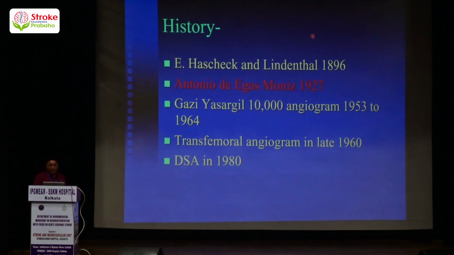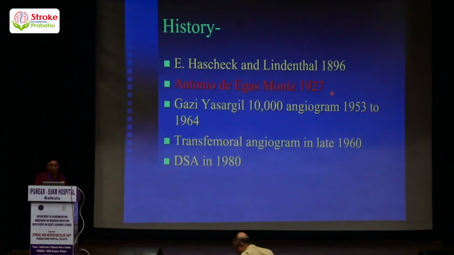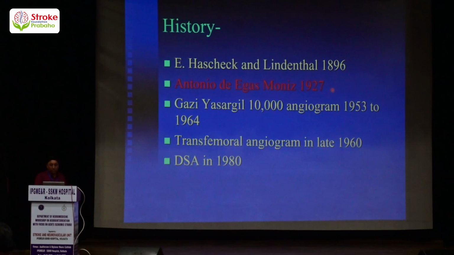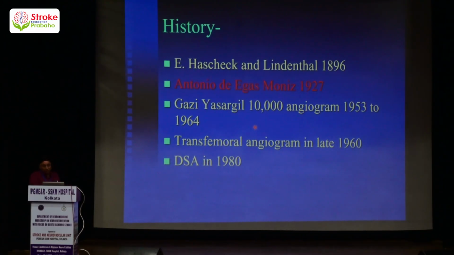The history dates back to the 18th century, although most of the credit for cerebral DSA goes to Egas Moniz, the Portuguese neurologist. Conventional angiography had been performed in the 18th century, but the first detailed description of cerebral angiography was by Egas Moniz in 1927. Gazi Yasargil performed more than 10,000 angiograms in 11 years, from 1953 to 1964.